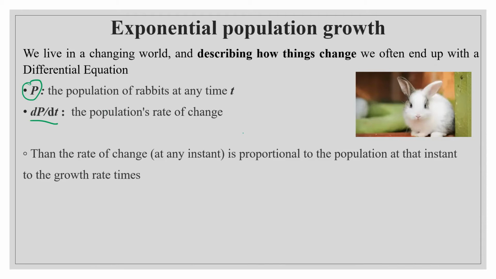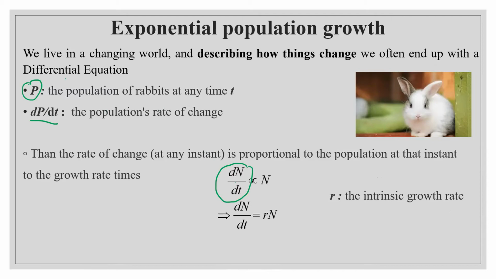So earlier what did the ecologists tell? Let me call this N. So this is the population of the rabbits. The derivative, that is dN by dt, is proportional to the number of population present at that instant.